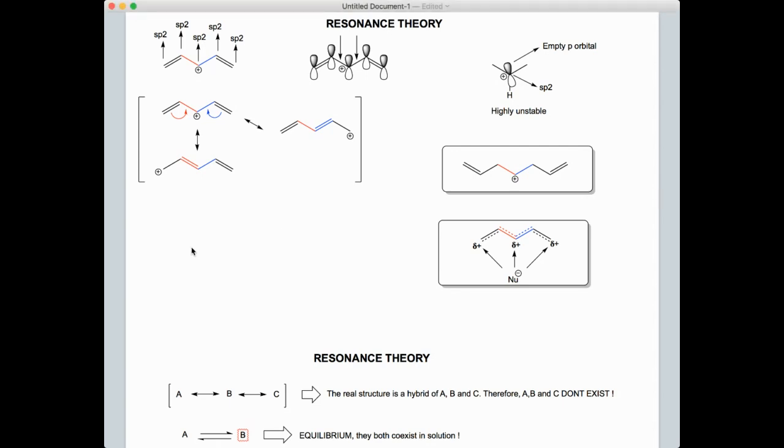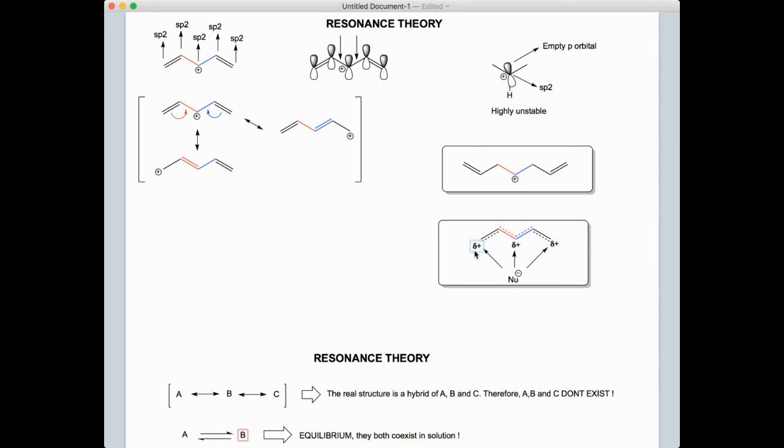So I just said a carbon positively charged is highly unstable because it has only 6 electrons in the valence shell. The carbocation on top has only 1 carbon supporting the entire +1 charge, whereas the one on the bottom has the same +1 charge shared in between 3 carbons.